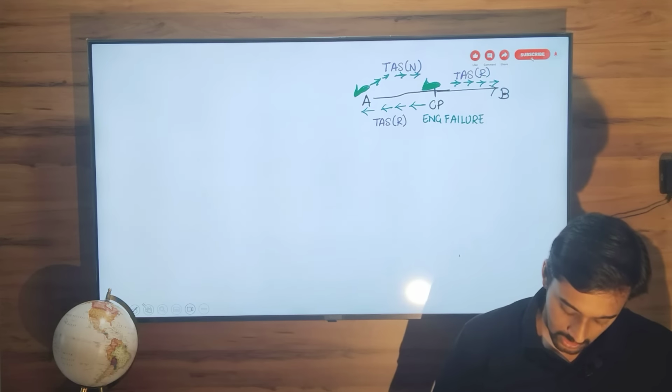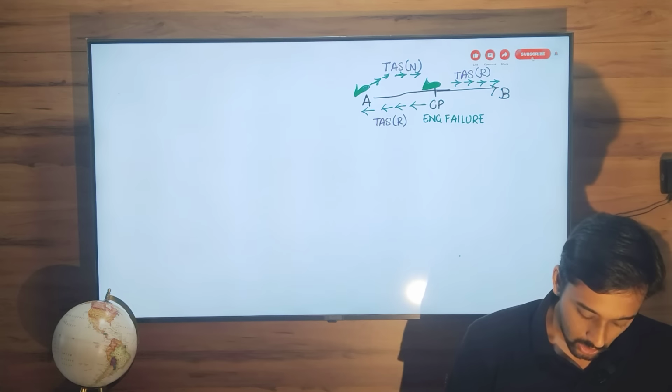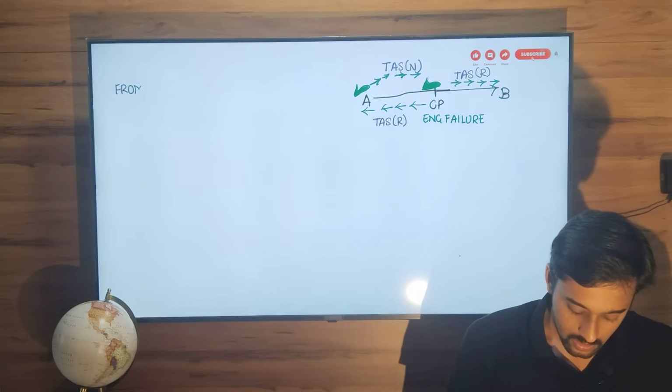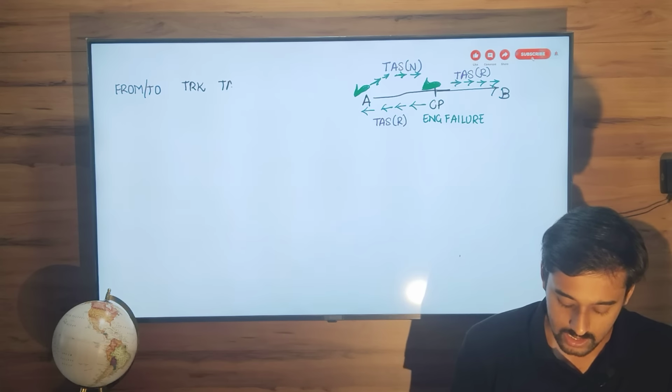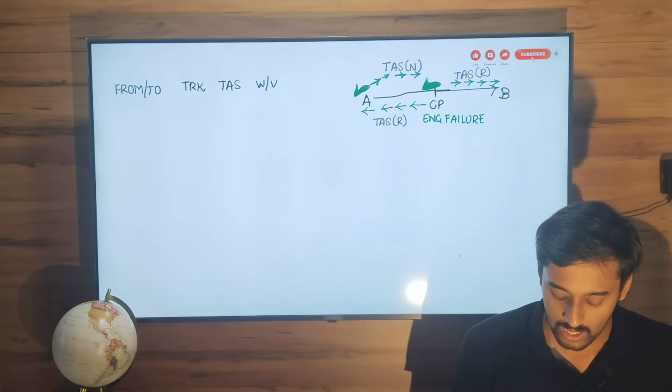So now let's draw the table to track your TAS, your winds, and your ground speed.